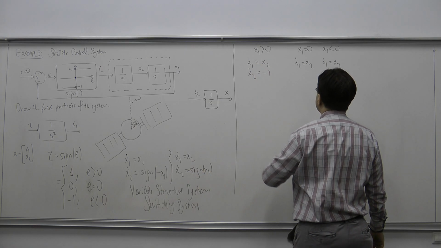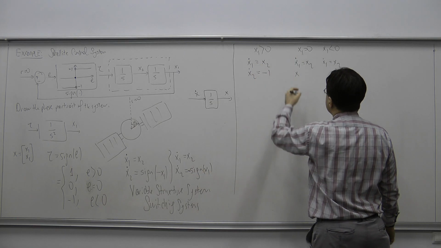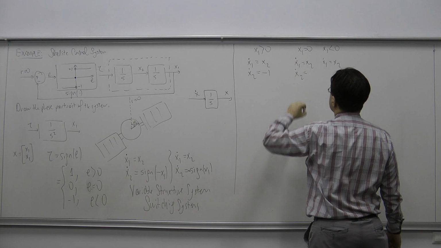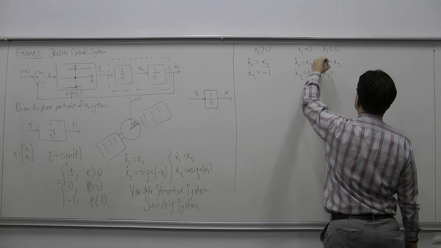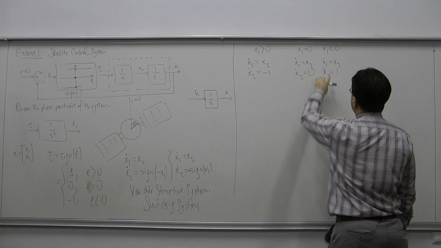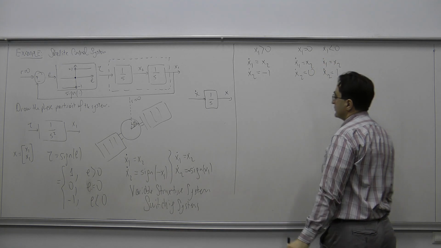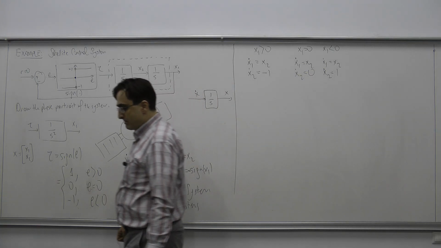If x1 is 0, x2 dot is equal to 0. And if I have negative x1, then x2 dot is equal to 1. Okay?